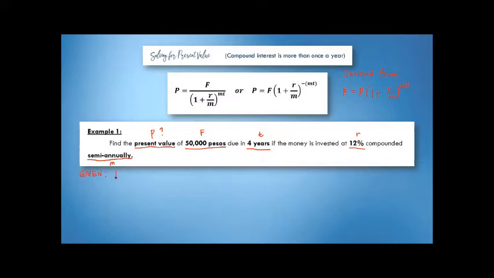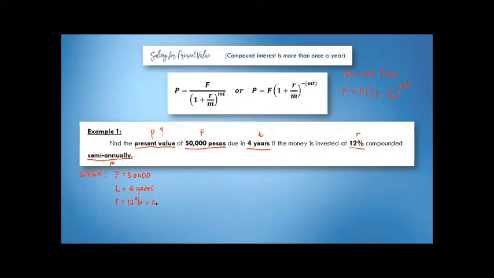We have the future value, 50,000. We have the time in years, so that is 4 years. We have the rate of interest, so that is annual, 12%.